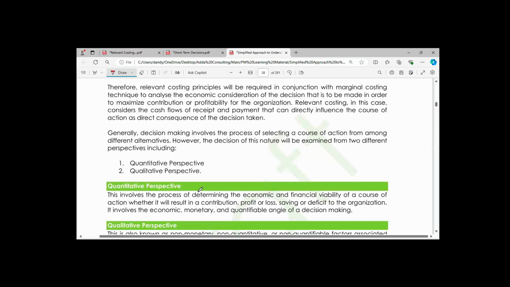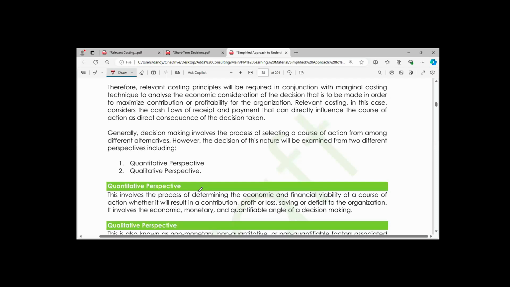But I need to lay emphasis on what you need to do as far as short-term decision is concerned. All the alternatives you have under short-term decisions must be critically examined under two different angles. You are going to look at the economic consideration of the decision that is to be taken.